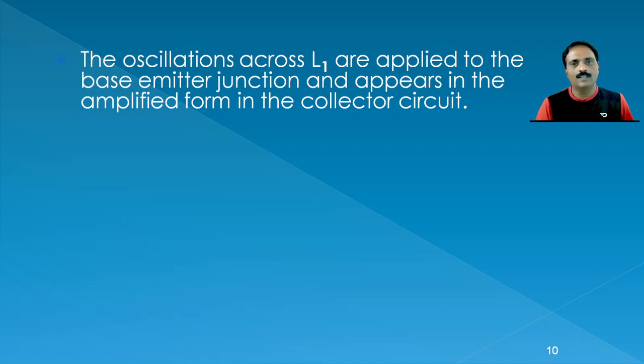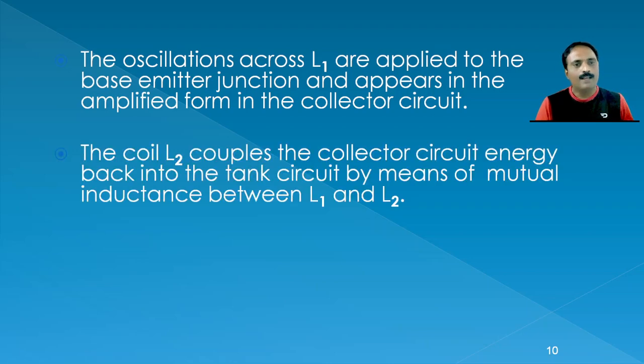And these oscillations across L1 are applied to the base emitter junction and appear in the amplified form in the collector circuit. And as we know well, the coil L2 couples the collector circuit, and this energy will be fed back into the tank circuit by means of the mutual inductance between L1 and L2.